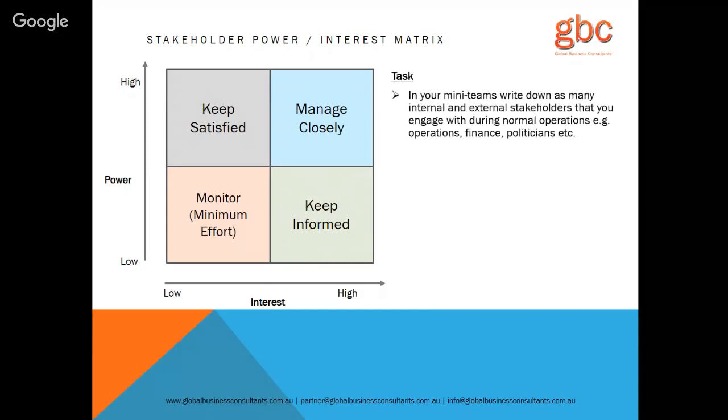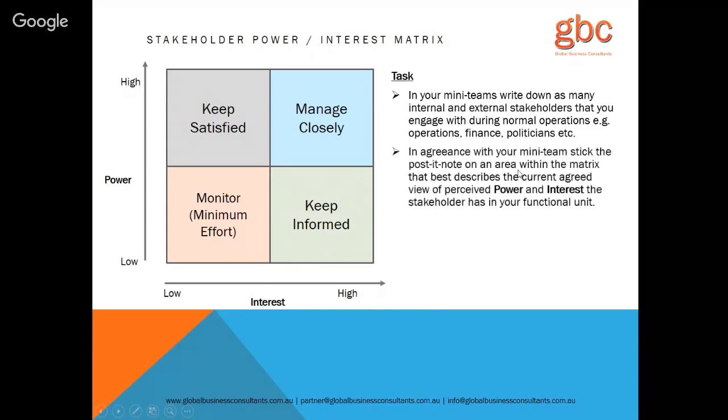So the task for this exercise is, in the mini teams that were split up in the first session, write down as many internal and external stakeholders that each individual or team engages with during normal operations. Examples of other teams might be an operational team, finance team, or externally maybe politicians.